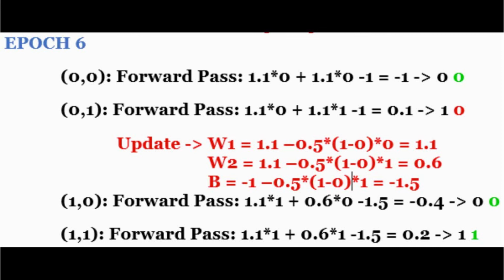And if you observe that, it's very interesting, because see that if we combine weight 1 and weight 2, we get 1.7, which is more than 1.5. But at the same time, each of weight 1 and weight 2 is less than the bias magnitude, which is exactly what we expected.